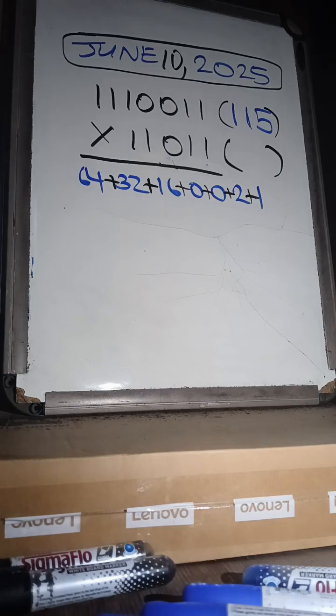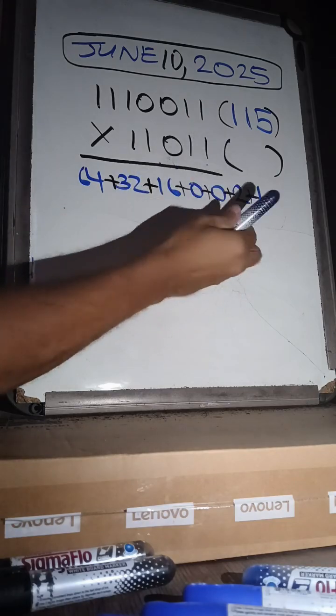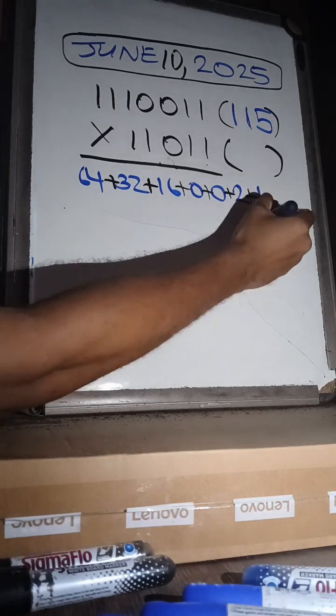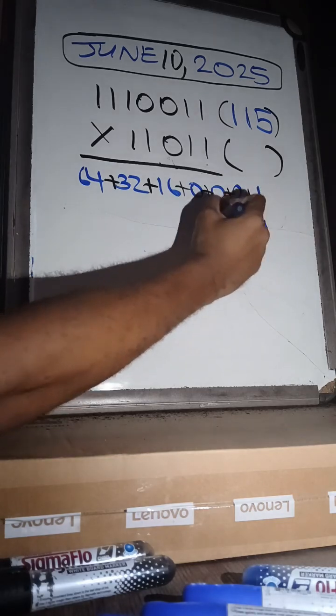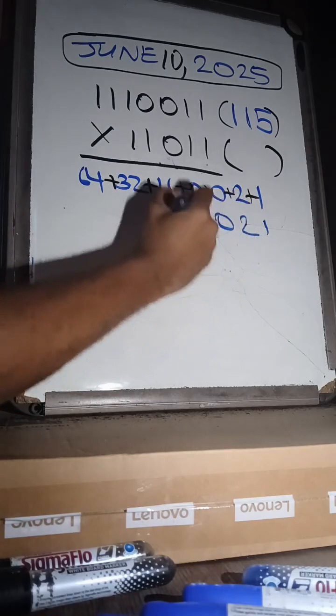Alright, now, what about this one now? We have a 1 and a 2. We don't have a 0. So alright, let me write it again. So we have 1, we have 2. We don't have the 4. But we have an 8 and we have a 16.